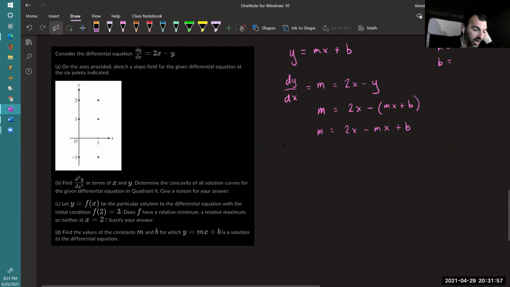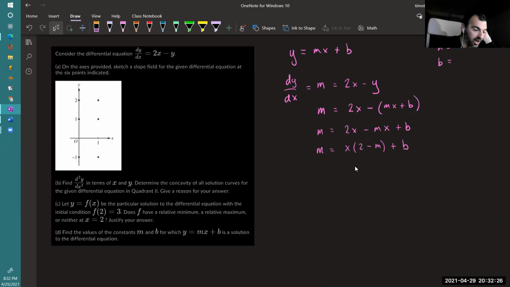If I have something that works for all x and all y values, the x shouldn't matter. So I want to somehow remove this x. How are we going to do that? I'm going to factor out my x, and I'm going to get x times (2 minus m) minus b.